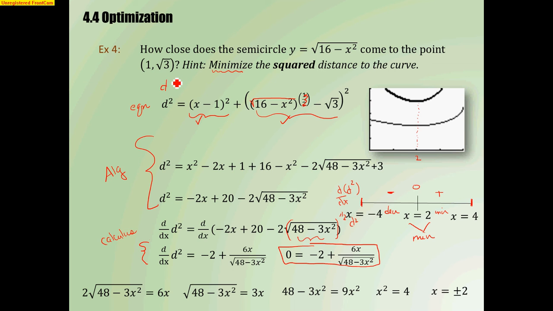Remember that original distance equation, which is the radical of 2 minus 1 squared plus the square root of 16 minus 2 squared minus radical 3, all squared. And that, believe it or not, comes out to 2 root 2.